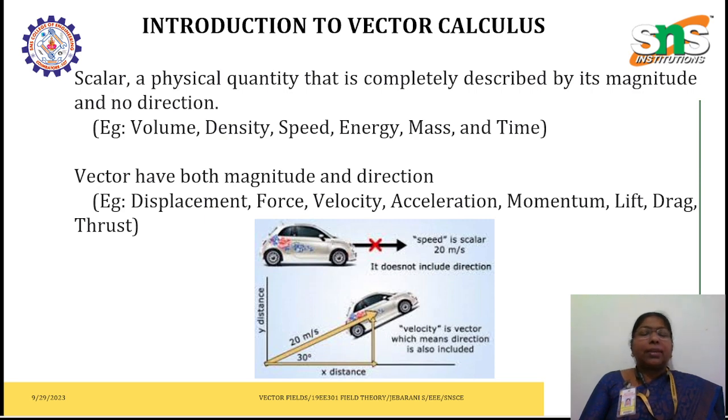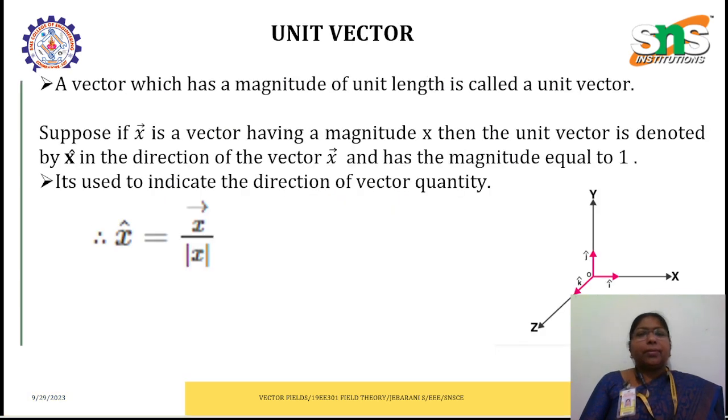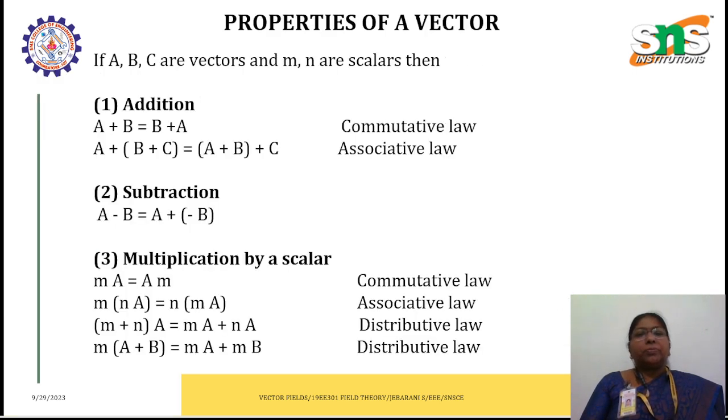And a unit vector is a vector which has a magnitude of unit length. Normally we go with a three-dimensional coordinate system, and in such a system, a unit vector can be expressed as a vector divided by its magnitude.